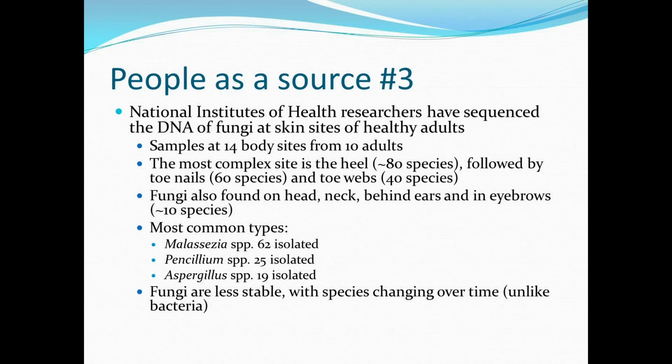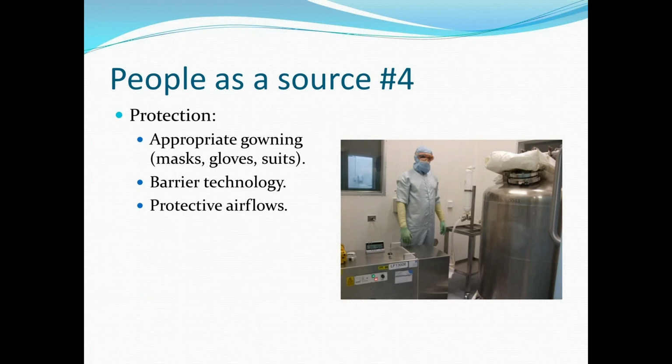The major types of fungi found were Malassezia, which is the dandruff-causing fungus, which hasn't been associated with any pharmaceutical recalls, but also Penicillium and Aspergillus, which have. So, lots of fungi on the skin in different places.